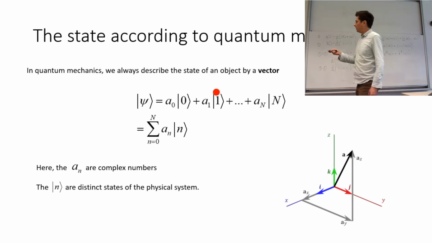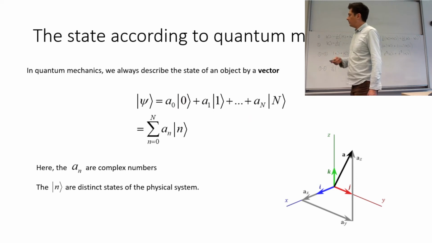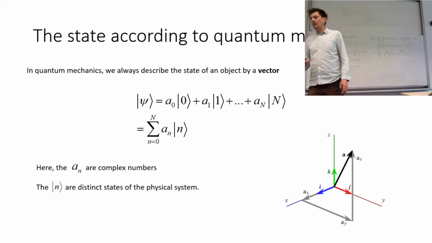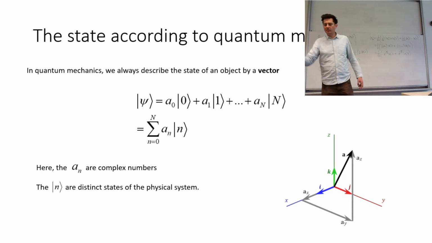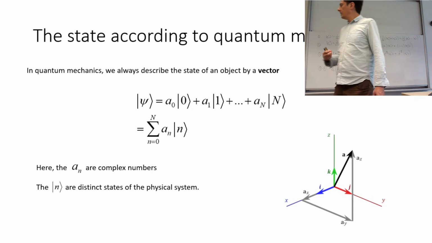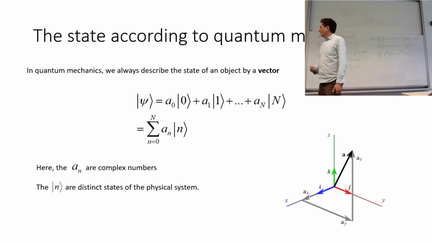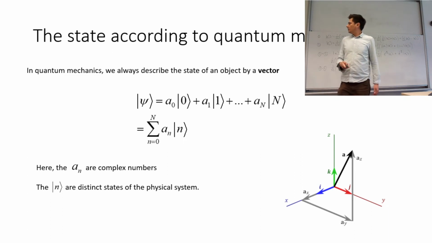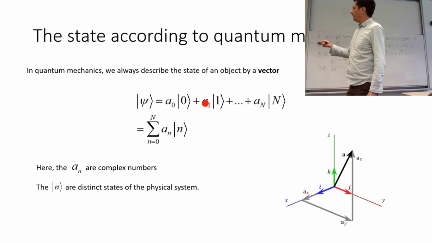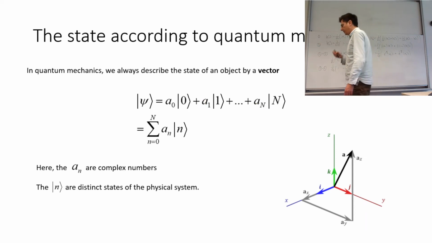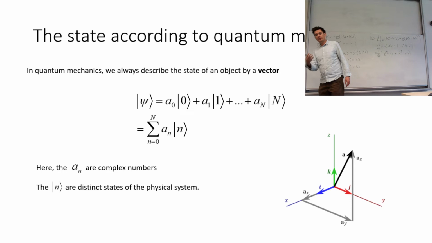So these coefficients, like A0, A1, will be complex numbers. And that already implies that it's not really something you can directly see. How do you measure a complex number? So these coefficients are something that you can't really properly see. I mean, you can eventually measure them, but you have to infer them. It's not like, oh, here's the position, there it is, fine.